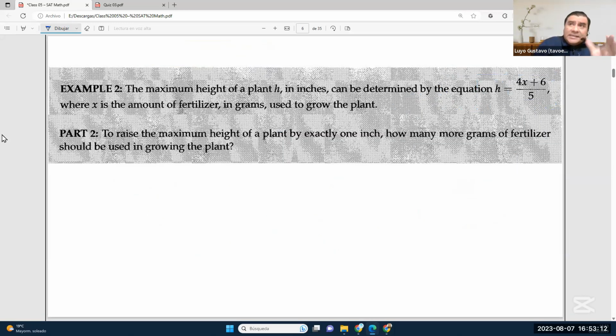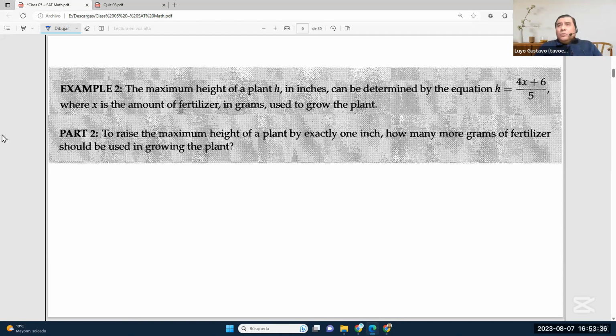With the same linear relationship between height and amount of fertilizer: to raise the maximum height of a plant by exactly 1 inch, how many more grams of fertilizer should be used in growing the plant? So this is interesting.